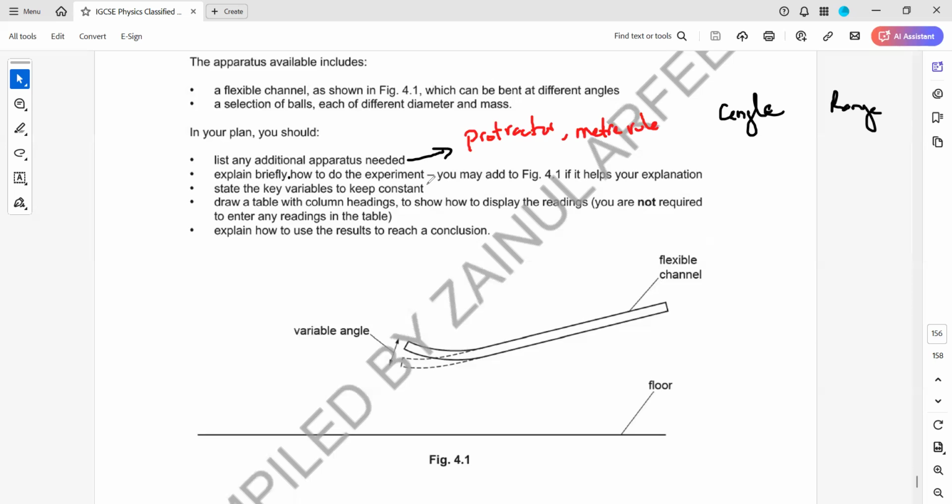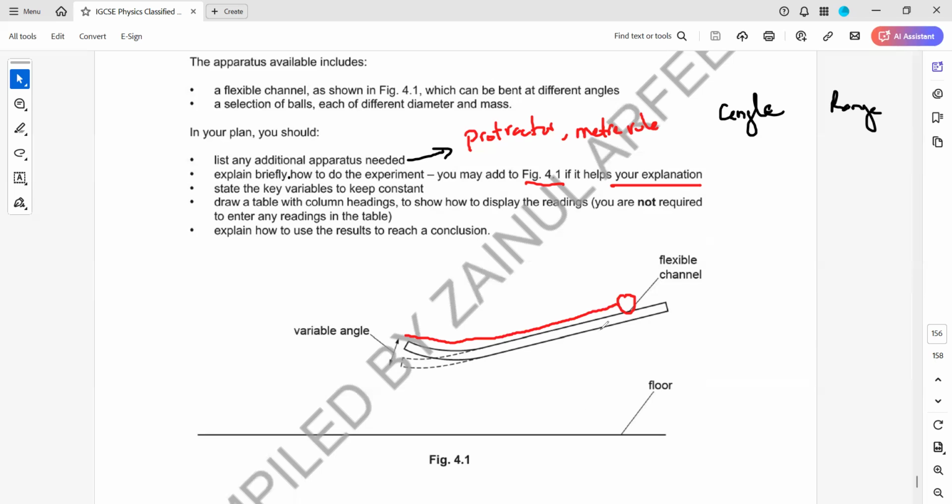Explain how you would do the experiment. You may add to figure 4.1 if it helps your explanation. So how will we do the experiment? We place a ball at one point of the flexible channel and we release it. The ball will move and we measure the angle as well.